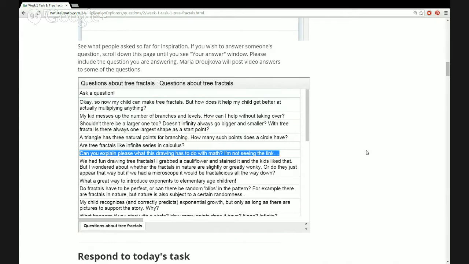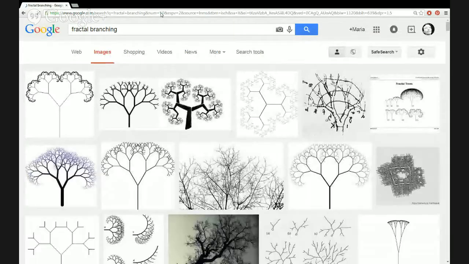Well, then what is a pattern? And that brings me to my second favorite answer, that mathematics is seeing similarities in different things and differences in similar things. So towards that goal, I made a Google search for fractal branching in images.